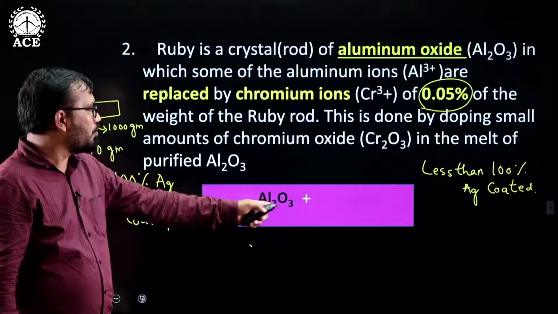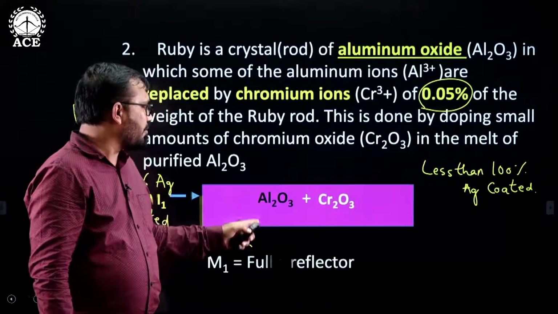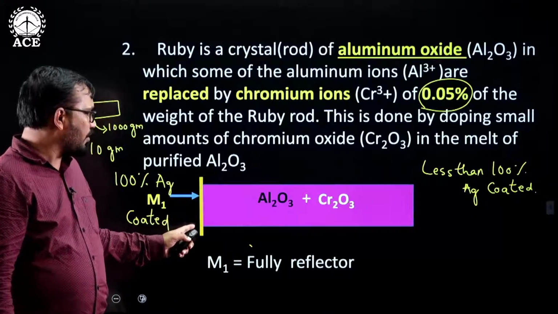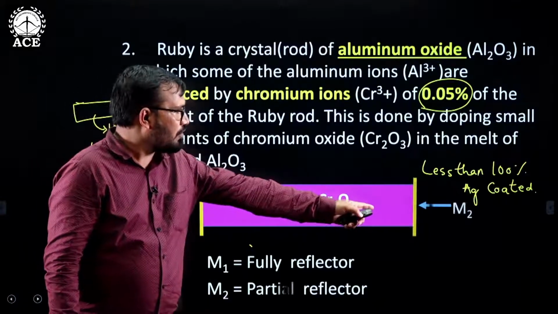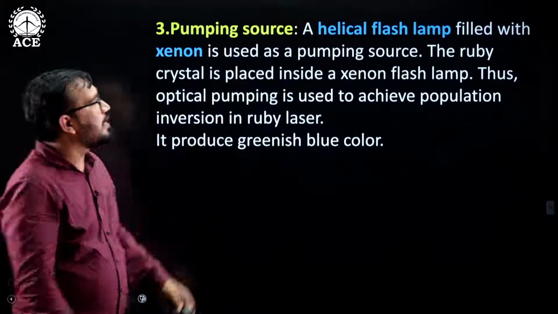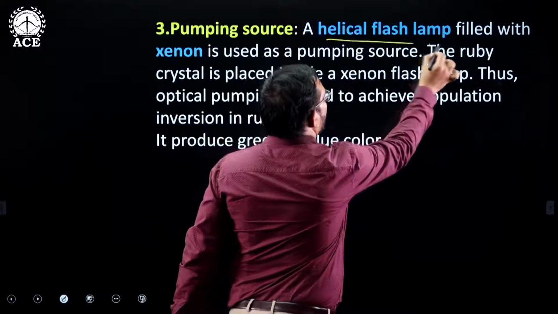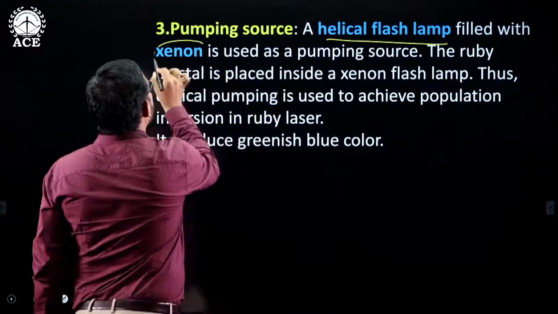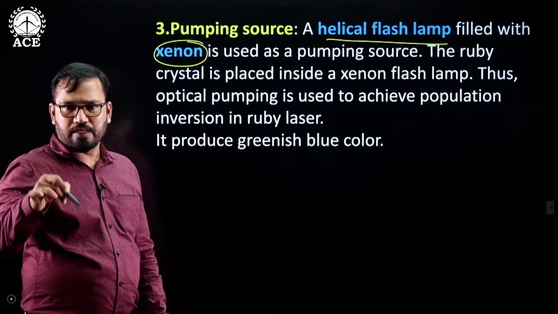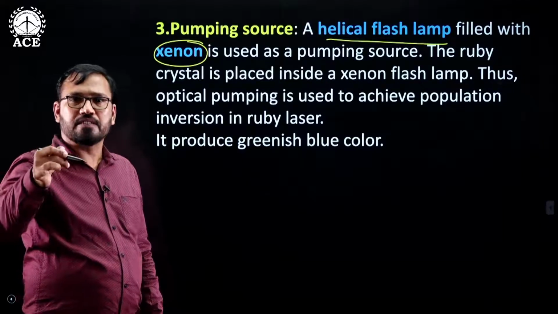So Al2O3 is doped with Cr2O3 ions, then it becomes pink color. One end has a fully reflector, and the other has a partial reflector. Now we are using a helical flash lamp, which is filled with xenon gas.